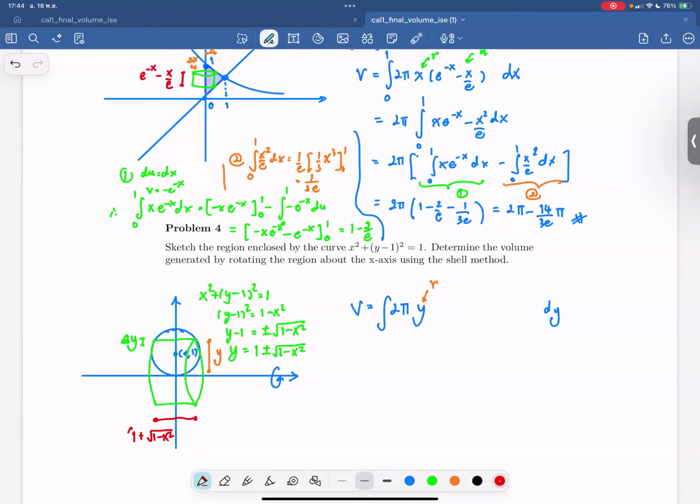The right hand side is the function with the plus sign, and the left hand side is the function with the minus sign.